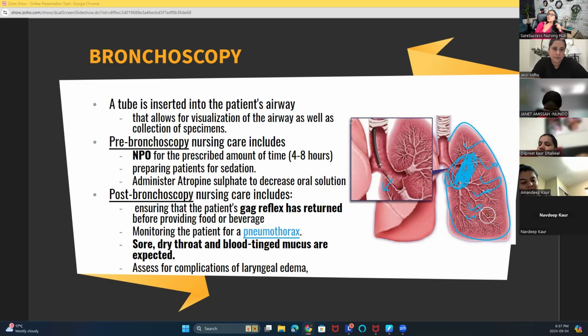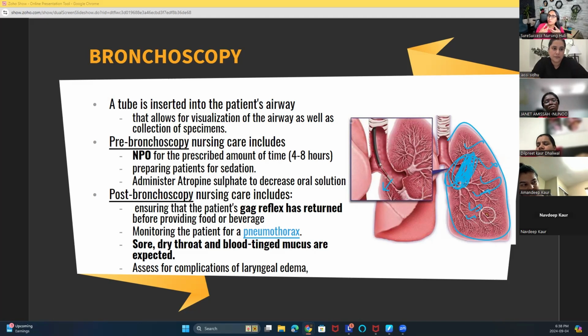Another thing is because our cartilage is very soft, sometimes when we are inserting the big pipes and moving them up and down, a little injury can happen. So if there is bleeding, there is another point, students. Blood-tinged means, for example, if I'm having a tickle, there is a little touch of blood.